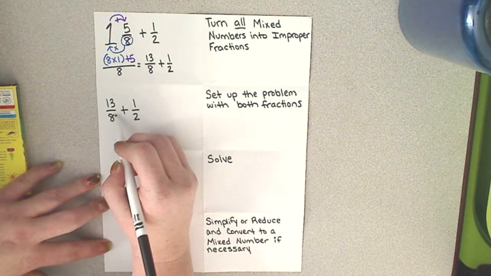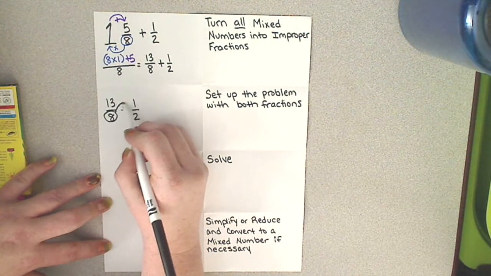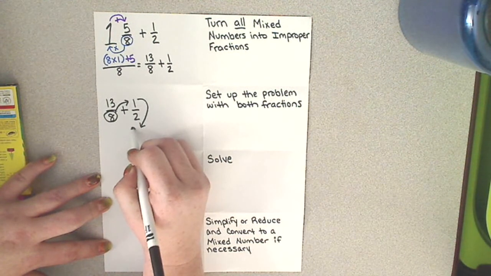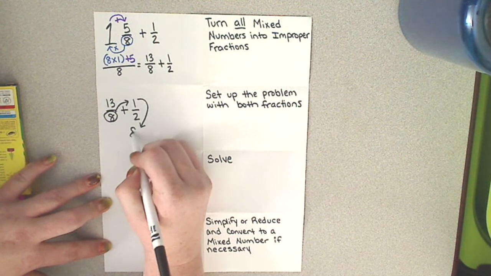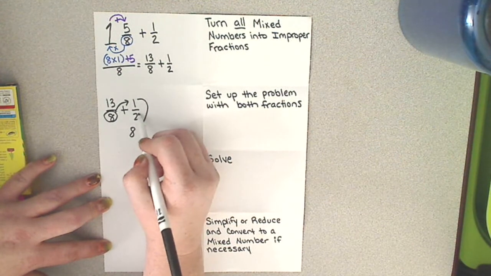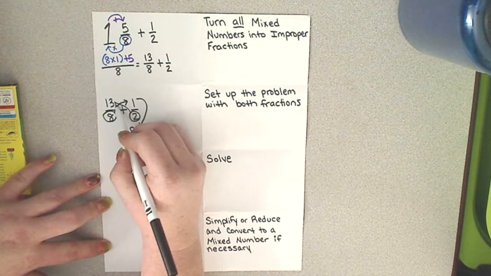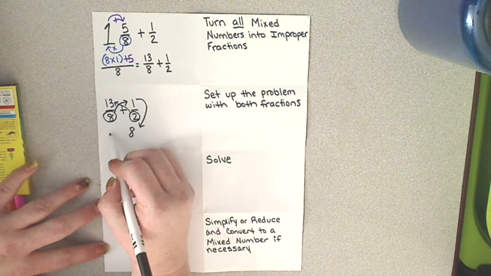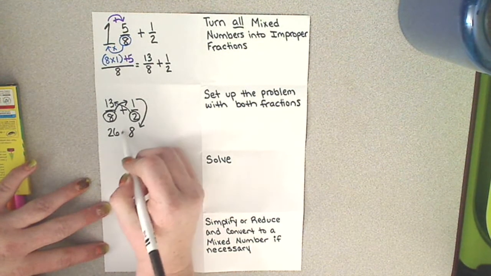So we do our Potter's glasses. 8 times 1 is 8. 2 times 13, that's 20 plus 6 is 26. We're adding.